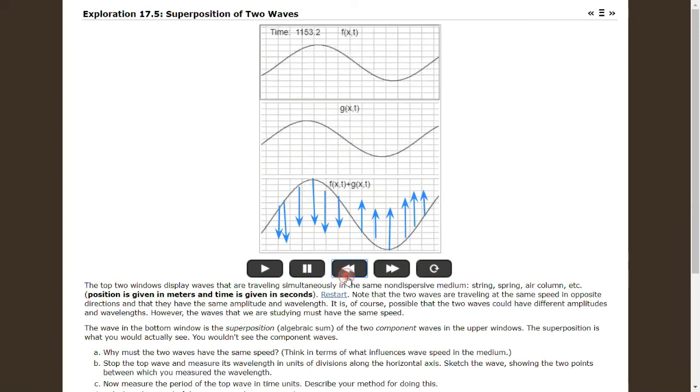So let us see one more time. These particles are going to move in upward direction and these particles are going to move in downward direction.